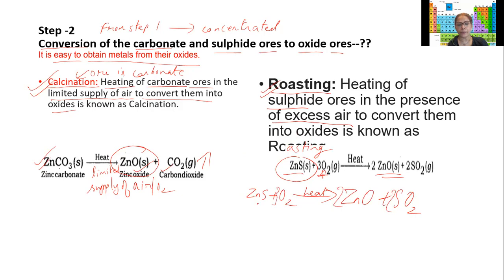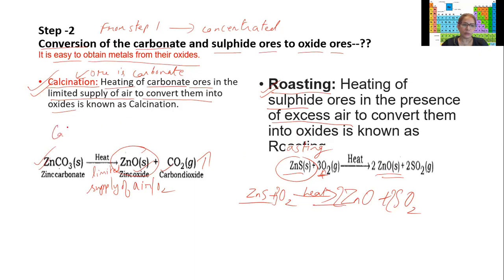This way the sulfide ores are heated in excess of air to convert them into oxide ores. And this process is known as roasting.